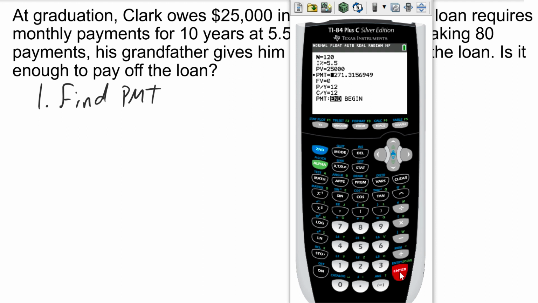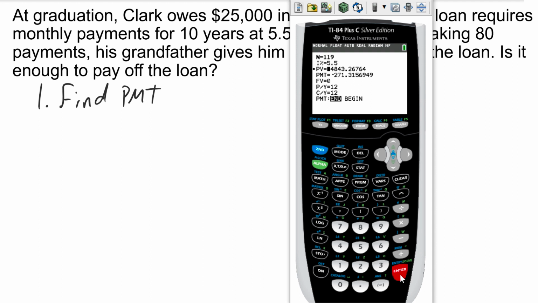Now, the way the TVM Solver works is the present value is how much money you owe with that many payments remaining. So if I change that to 119 and solve for the present value, $24,843.27, that would tell me how much you would owe after making the first payment.